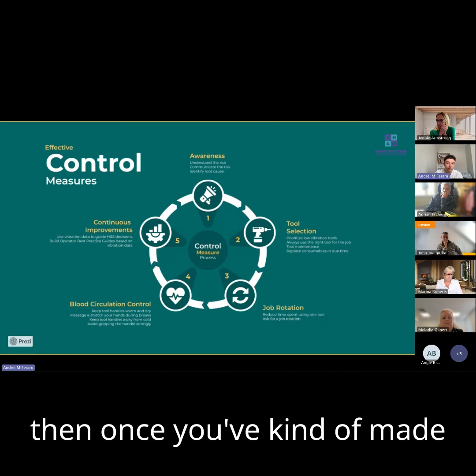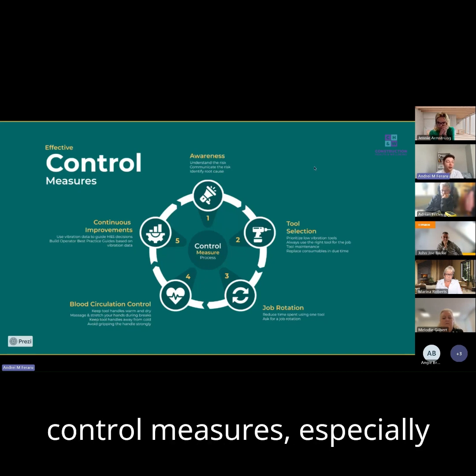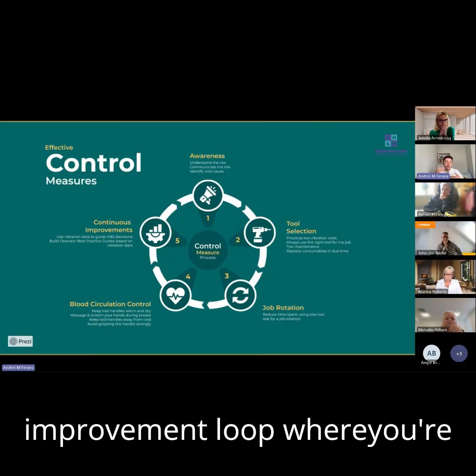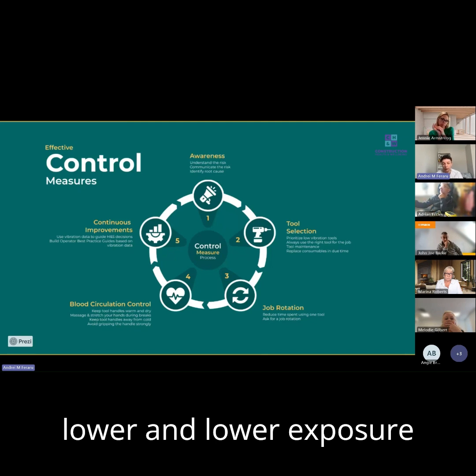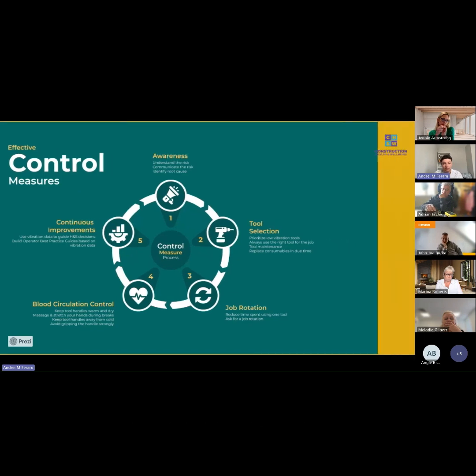Once you've made your journey through the control measures, especially if you have good data in place, it'll be quite easy to go on this continuous improvement loop where you're always improving and reaching lower and lower exposure values on a daily basis.